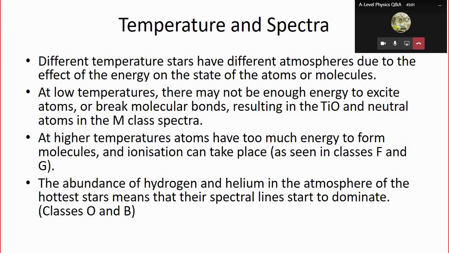So whenever we see titanium oxide in this absorption spectrum, we know it's a low temperature star. If we have lots of hydrogen and helium lines, then we know it's very, very hot. So what is in the atmosphere depends on temperature, and what we see in the absorption spectrum corresponds to how hot the star is.